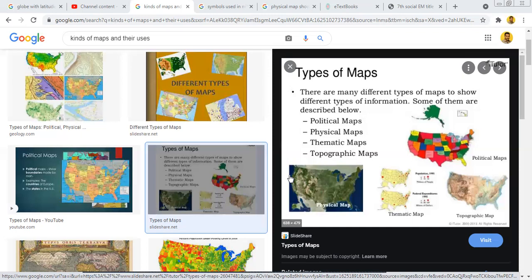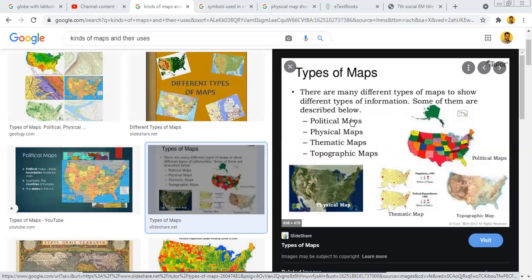You can observe here the types of maps. Many different maps are there for different information. Some are political maps, physical maps, thematic maps, topographic maps.